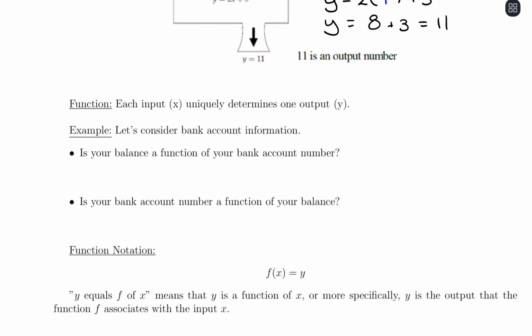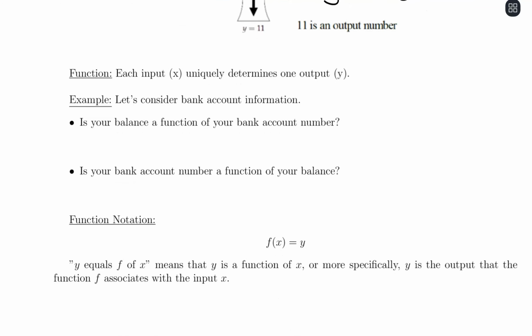So let's talk about this in the context of a few scenarios here, specifically with a bank account. We want to see, is the relationship a function? Is your balance a function of your bank account number? So the idea of input and output.